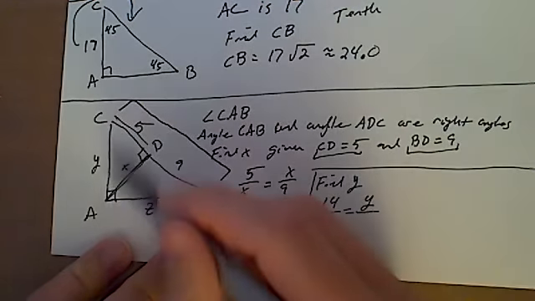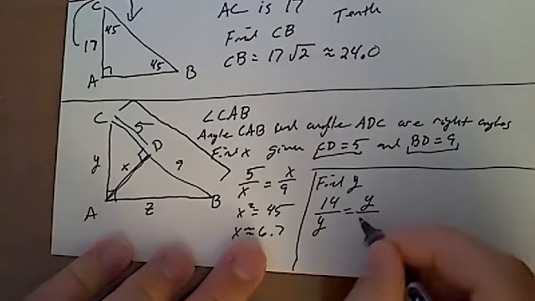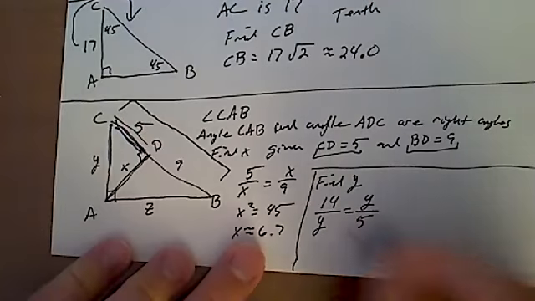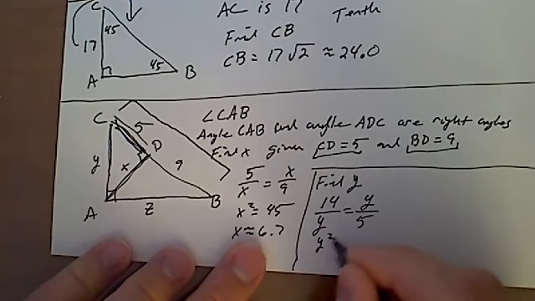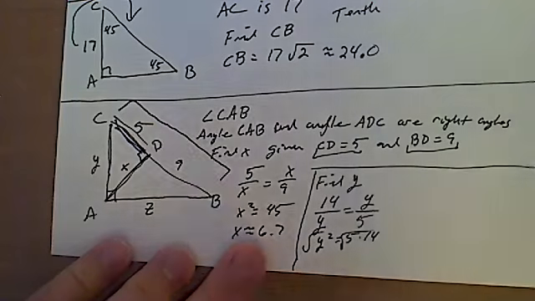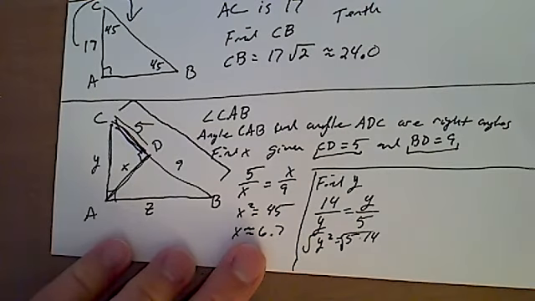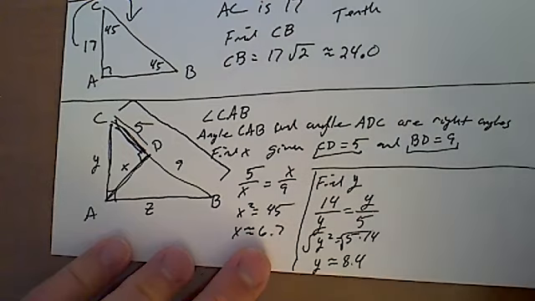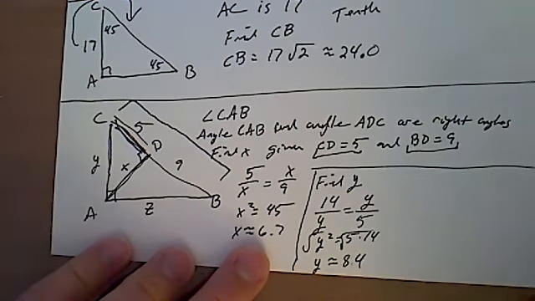Y is also a side of the large triangle, over the part that's not x in the small triangle, which is 5. Okay, y squared equals 5 times 14. Take the square root of both sides. Square root of 5 times 14 is about 8.4. Again, you'll get 8.36. Since 6 is bigger than 5, it rounds the 8.3 up to 8.4.